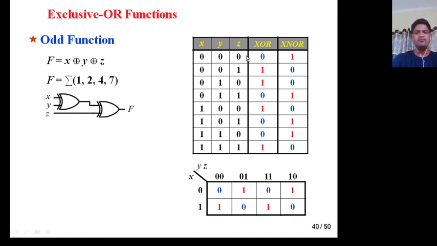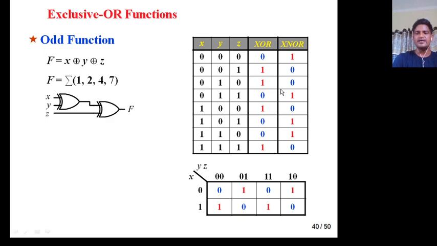If there are more than two inputs, in the last class I discussed how XOR gives output and how XNOR gives output. You have to remember, in case of the XOR gate, if there are an odd number of ones at the input, output becomes high, otherwise low.